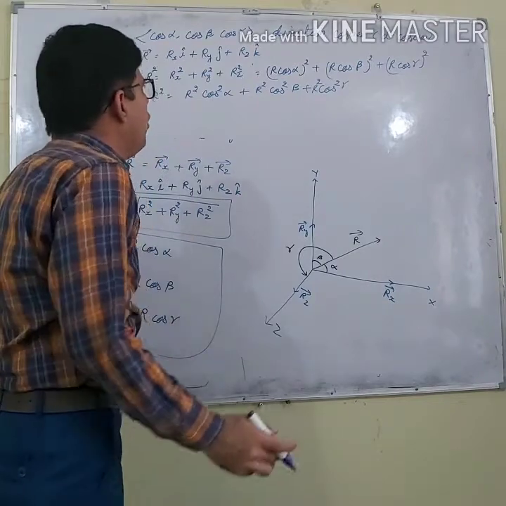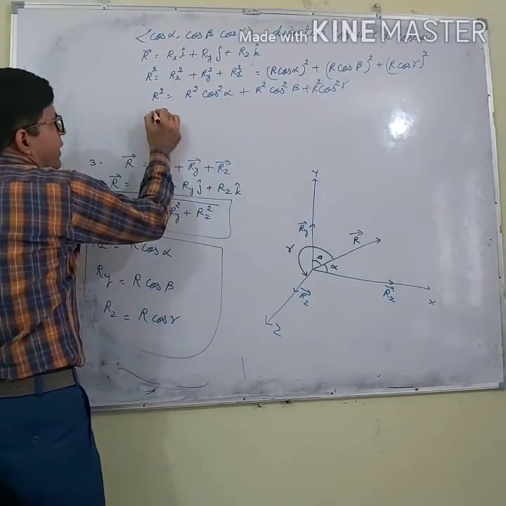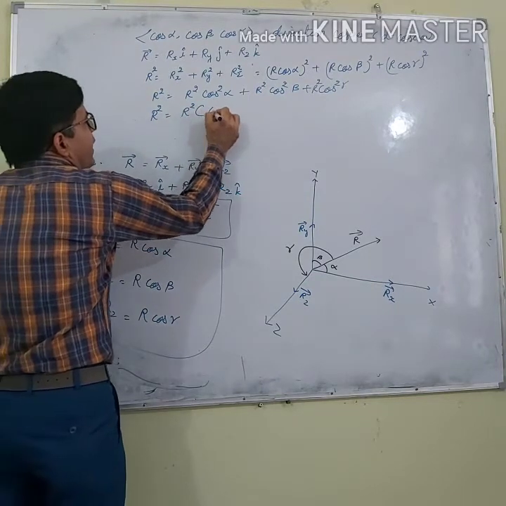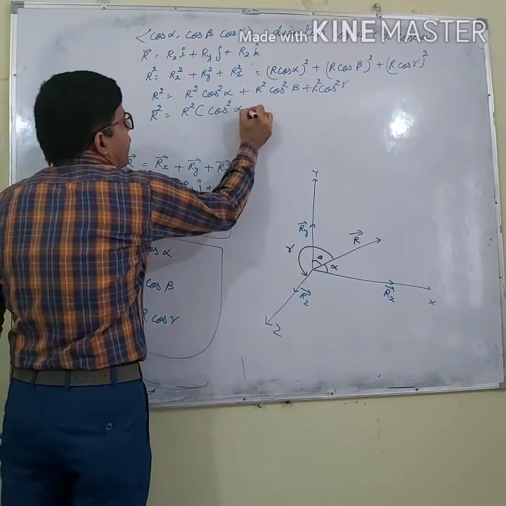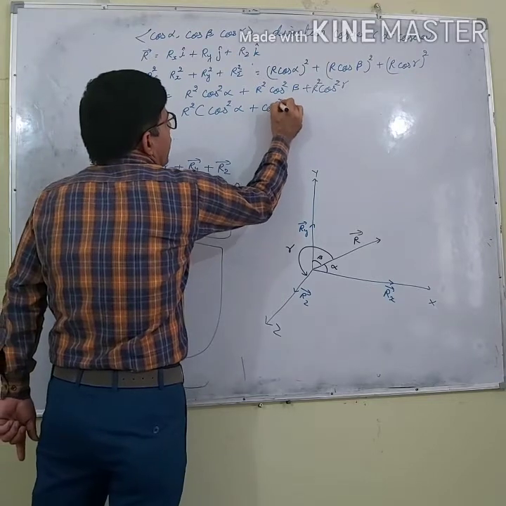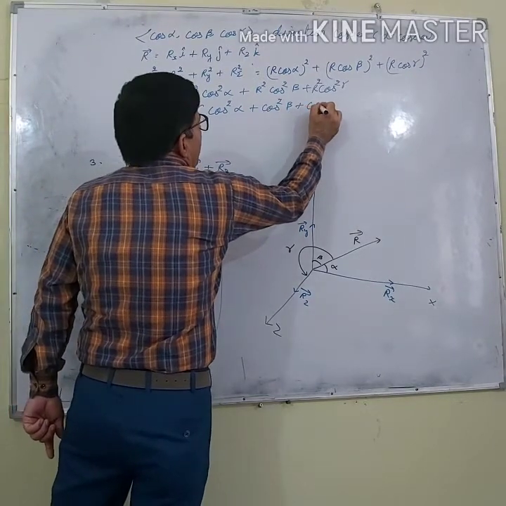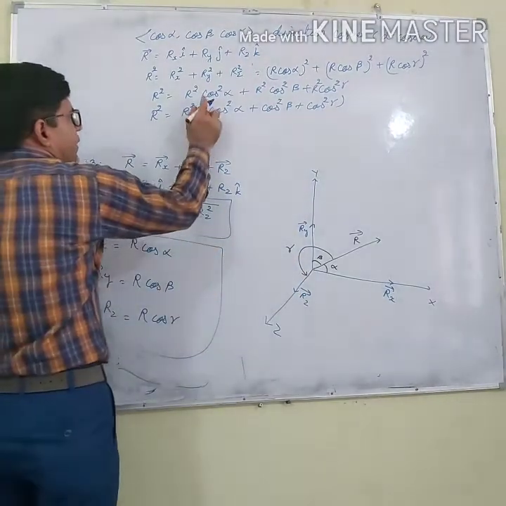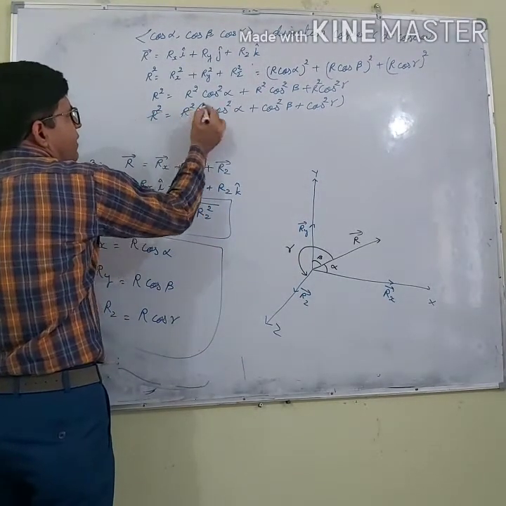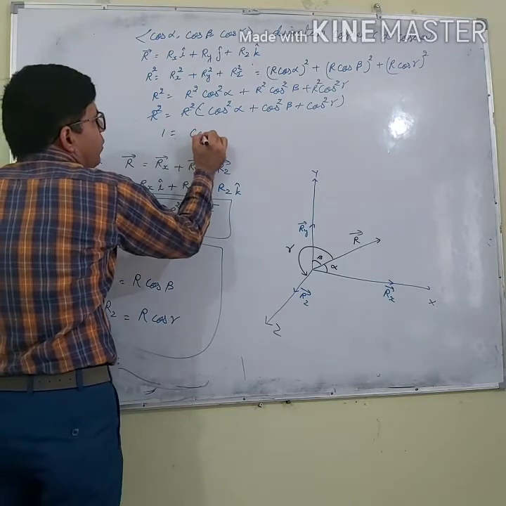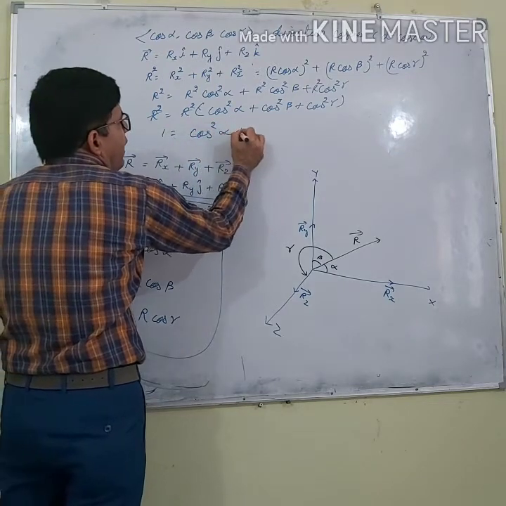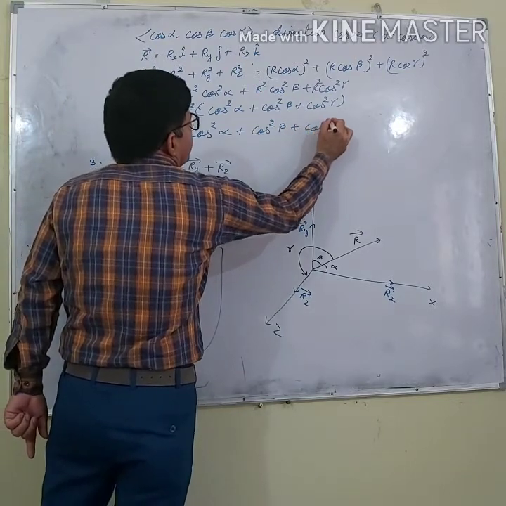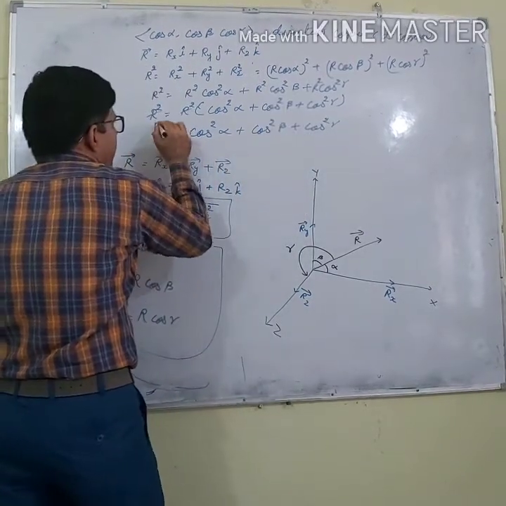What is common? R square is common, so I can write cos square alpha plus cos square beta plus cos square gamma multiplied by R square. This R is cancelled, so 1 equals cos square alpha plus cos square beta plus cos square gamma.